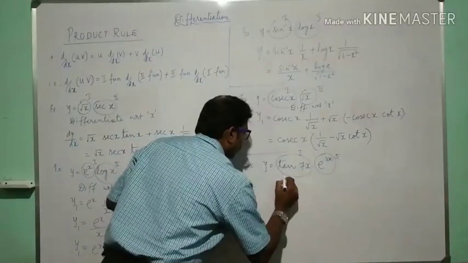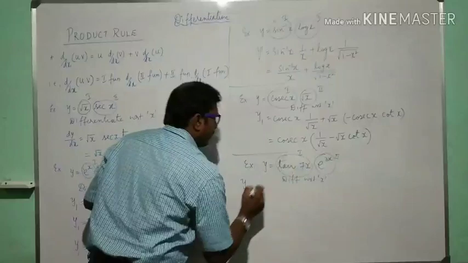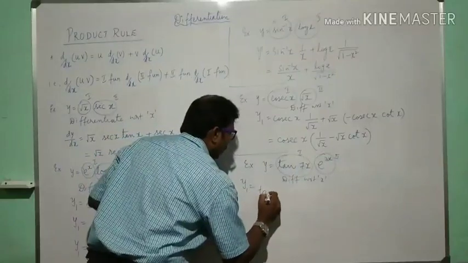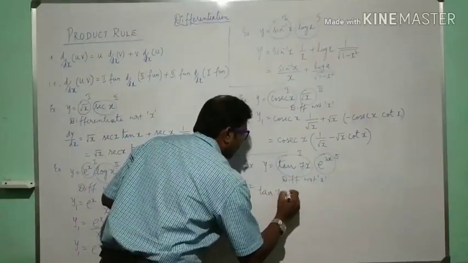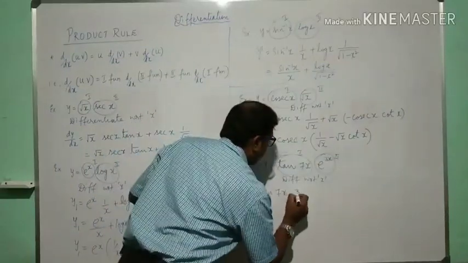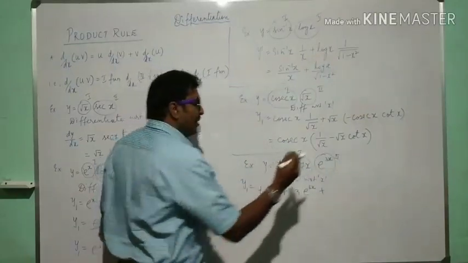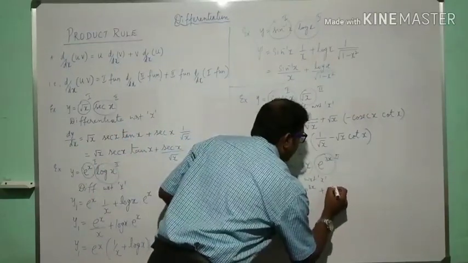Now differentiate with respect to x. Now for the first function, what you should do, keep it like that only: tan 7x into the derivative of e power 3x, which is 3 into e power 3x, plus, now the second function take as it is.